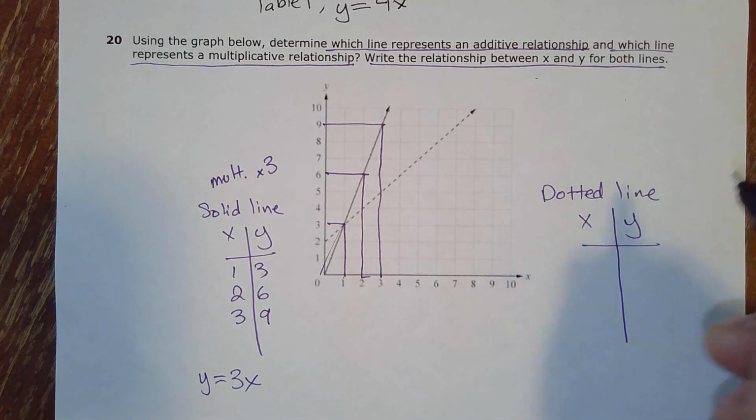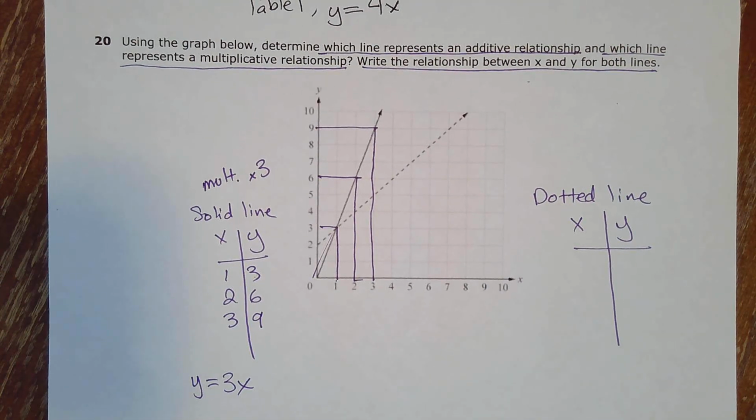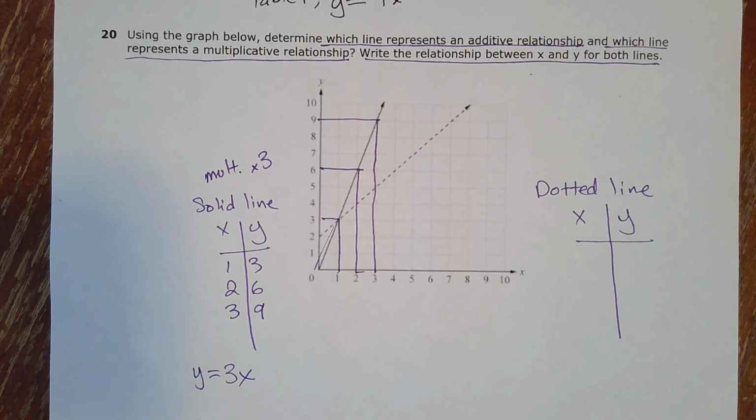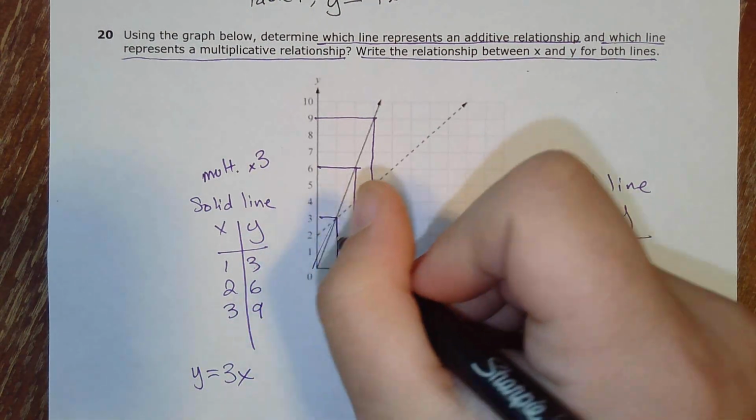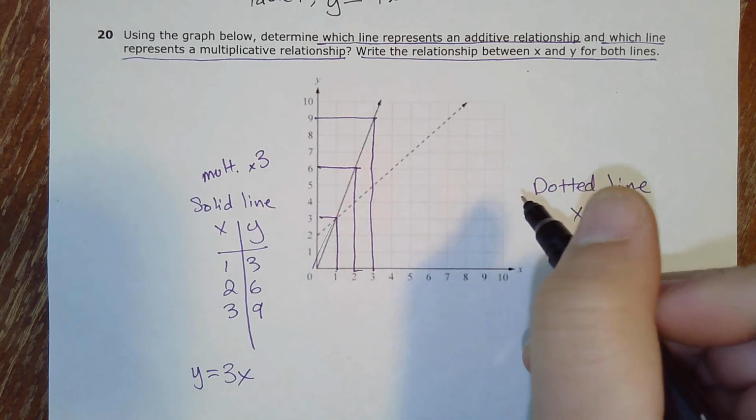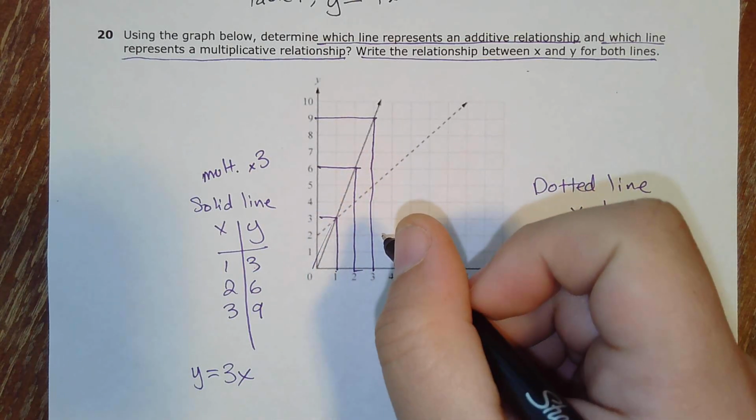For my dotted line, let's use a different color. Yeah, we'll do this one. Okay, so for my dotted line, okay, I still have, let's see.